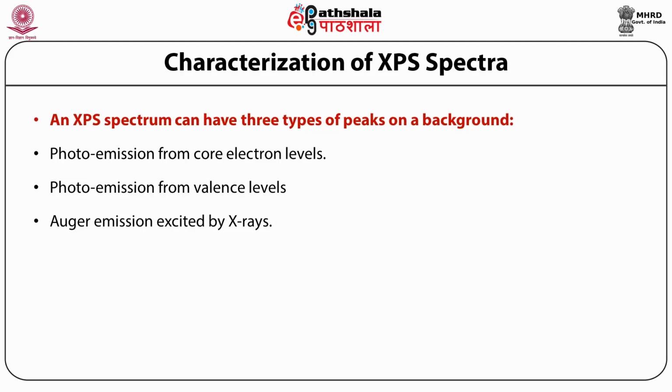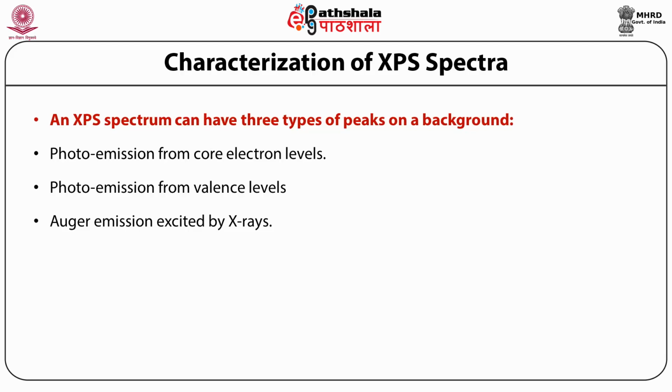The figure shows an XPS spectrum of a clean silver surface in which the core level peaks are marked as 3s, 3p and 3d. The valence level peak is marked as 4d and Auger peaks are marked as M and N. The core level photoelectron peaks are the prime peaks for elemental analysis.